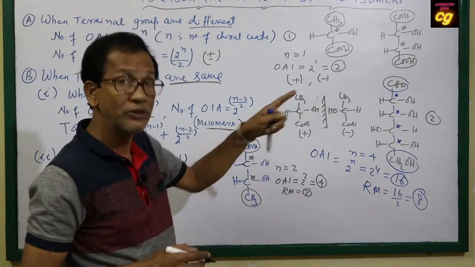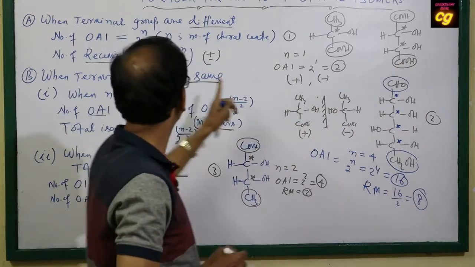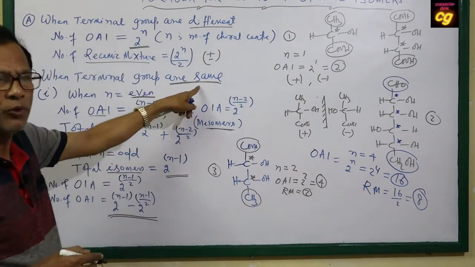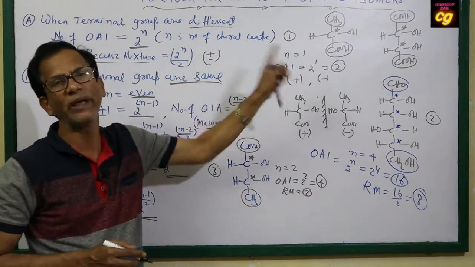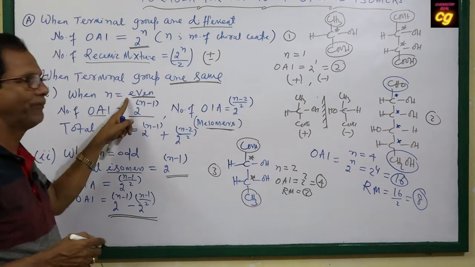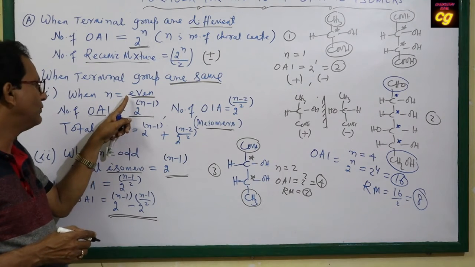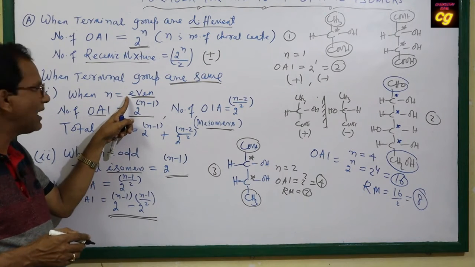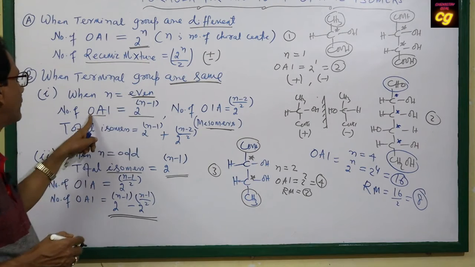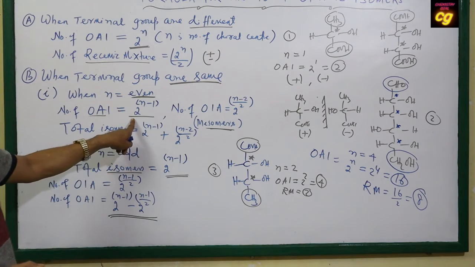Now let us take an example when the terminal groups are the same. When the terminal groups are the same, we have to use the value of n. If n is even, then what will be the formula? If n is even, then the optically active isomers will be 2^(n-1).